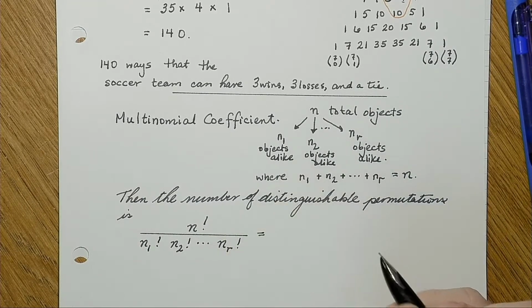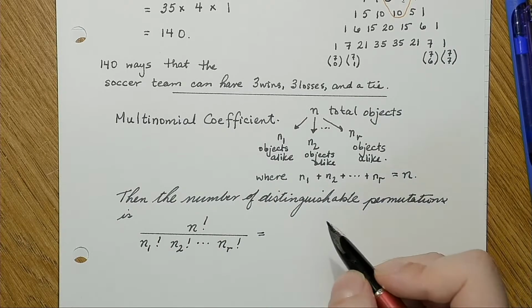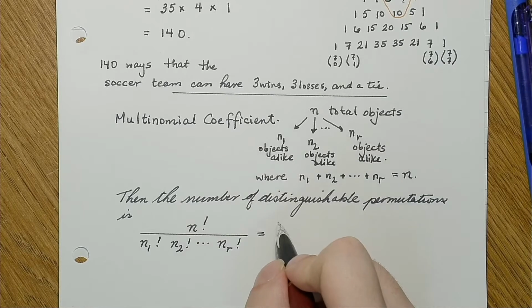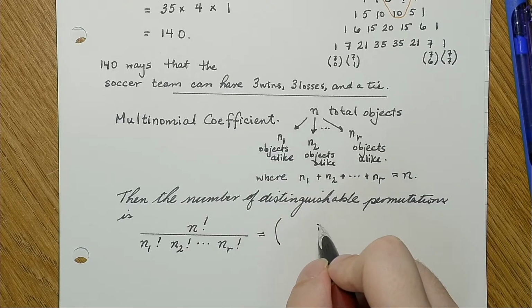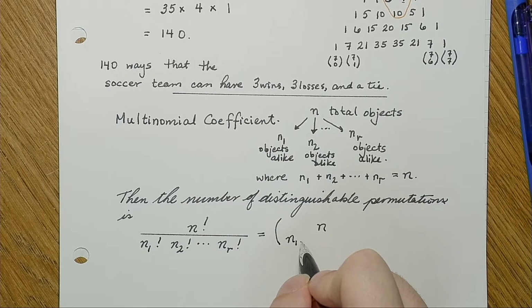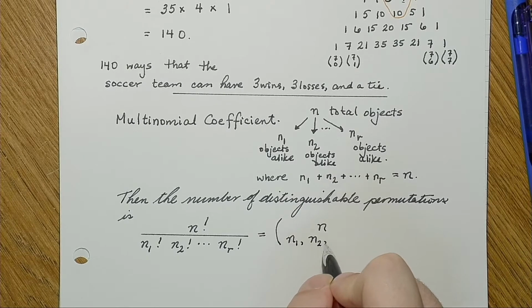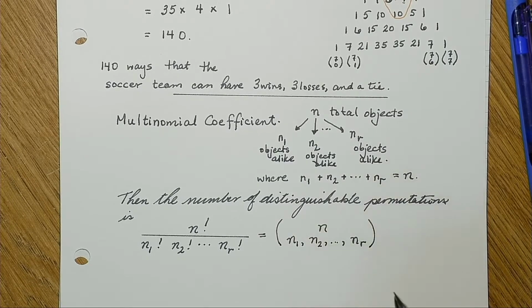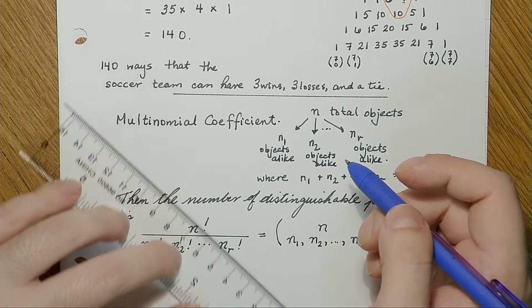Okay, so we come up with this symbol. Instead of writing with all these little exclamation points, we use this. We use n, n1, comma, n2, comma, dot, dot, dot, all the way up to nr. And that, ladies and gentlemen, is what we call the multinomial coefficient.